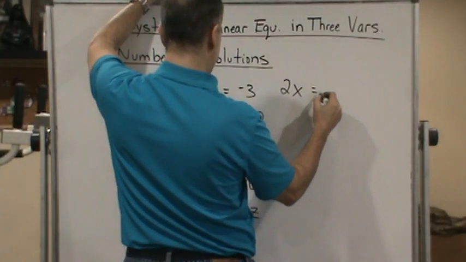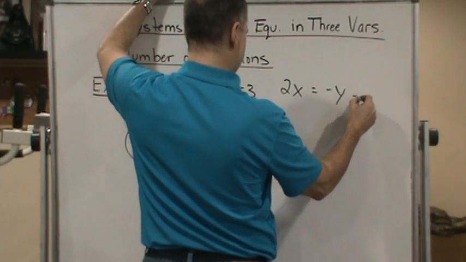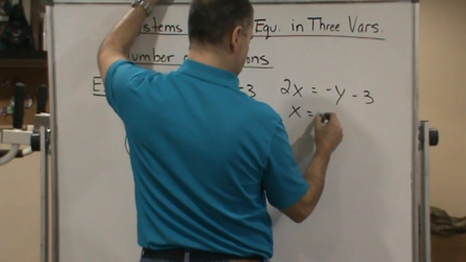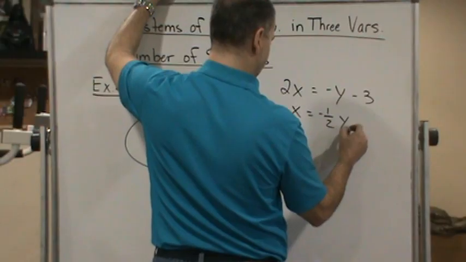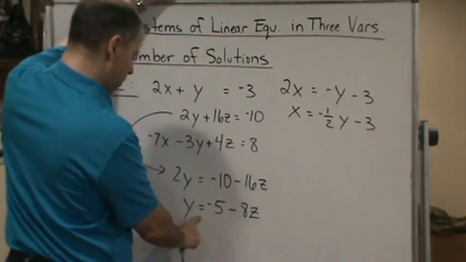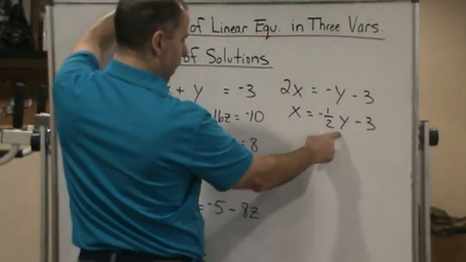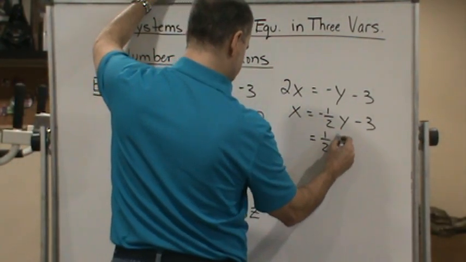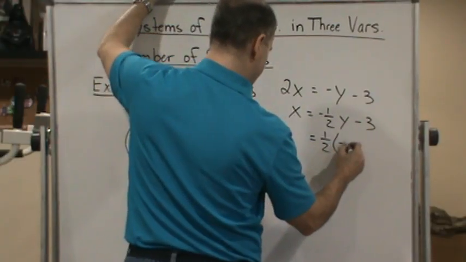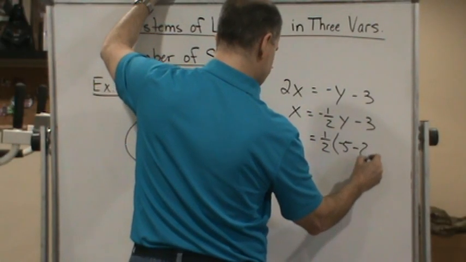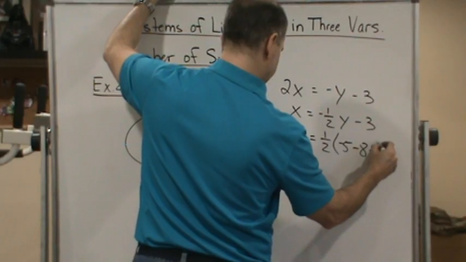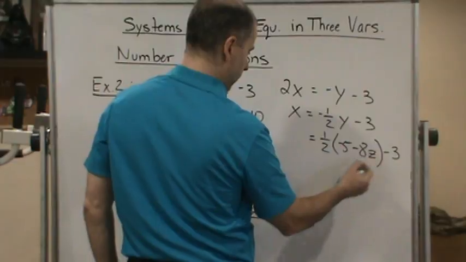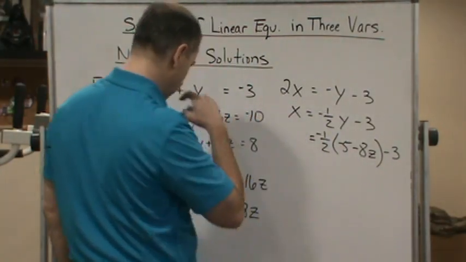So we're going to go 2x equals negative y minus 3, which means that x is equal to negative 1/2 y minus 3. But now let's substitute in what y is, because again, we want it in terms of z. So then we're going to say x is equal to negative 1/2 times negative 5 minus 8z minus 3.